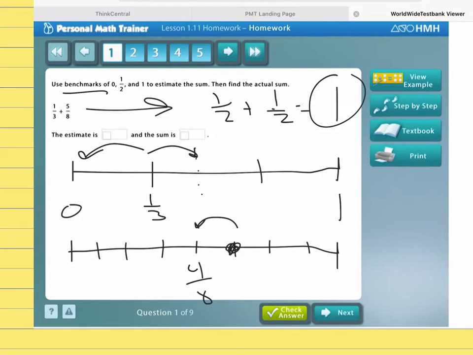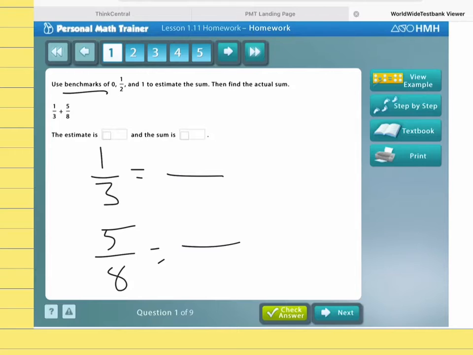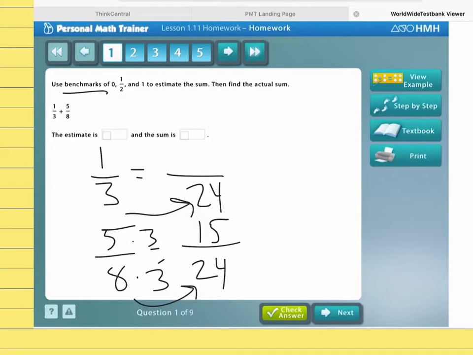Now we're going to get the actual answer and see what it is. Since they're unlike fractions, I'm going to find a common denominator. I'm going to use multiples of 3 and 8. I'm just going to do 24ths because 3 times 8 is 24. What you do to the bottom, you do to the top. I'm going to multiply the denominator by 3 and the numerator by 3 to give me 15/24ths as an equivalent fraction for 5/8.